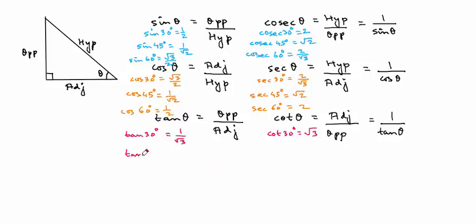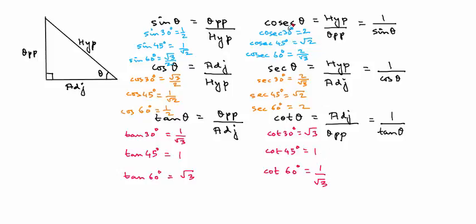Tangent of 45 degrees is always equal to 1, and cotangent of 45 degrees is 1 over 1, which is also 1. Tangent of 60 degrees is square root of 3, and therefore cotangent of 60 degrees is going to be the reciprocal of square root of 3, which is 1 over square root of 3.